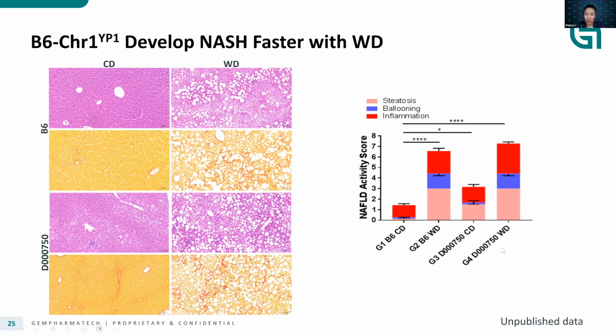With the same idea, we're thinking this particular YP1 strain seems to have the potential to shorten the timeline of NASH development, exhibiting all the characteristics of NASH.